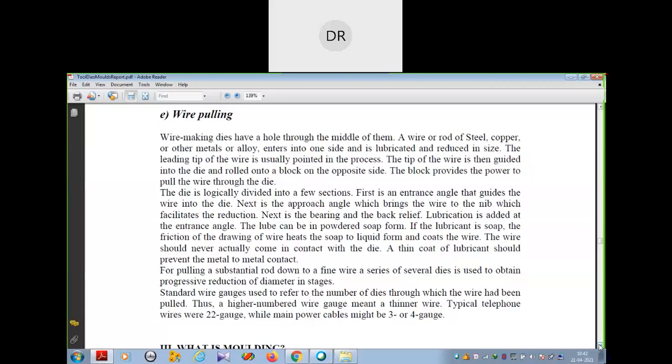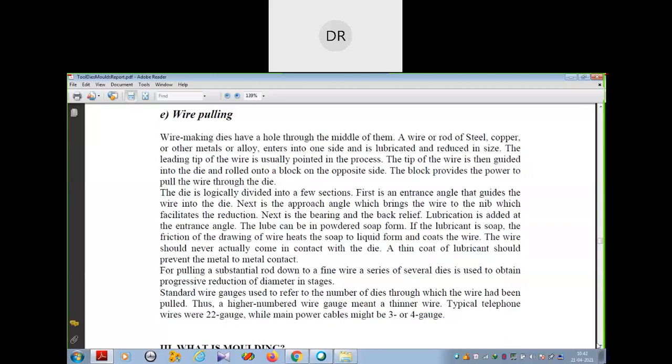Standard wire gauges are used to refer to the number of dies through which the wire has been pulled. A higher number wire gauge means a thinner wire. Typical telephone wires like 22 gauge and main power cable 32 gauge are produced by these wire pulling methods.